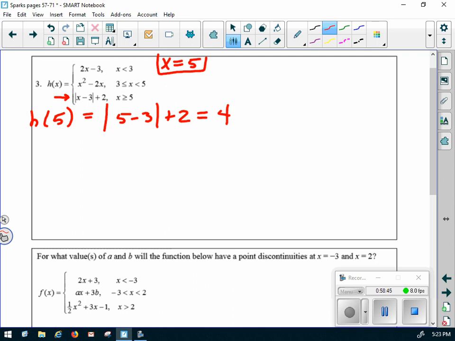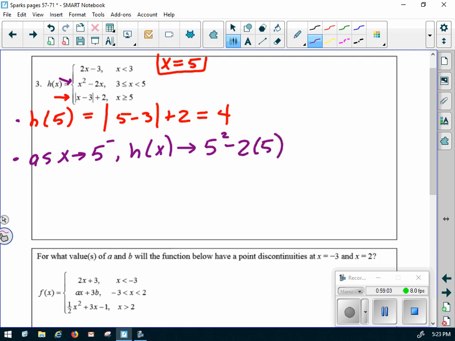Now let's see what happens as x approaches 5 from the left and the right. As x approaches 5 from the left, h of x approaches, we're going to have to use this equation: 5 squared minus 2 times 5. What's that? 25 minus 10. I believe that is 15.